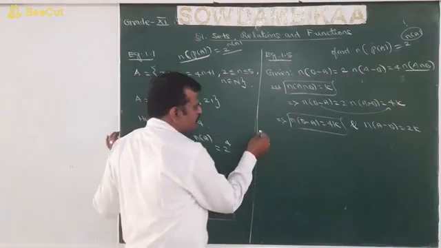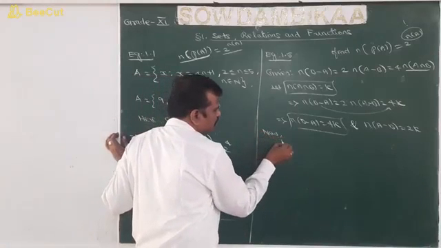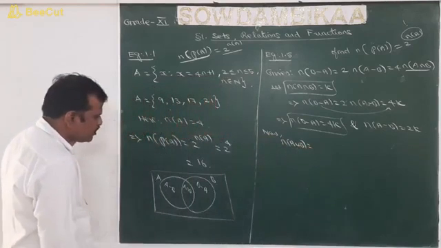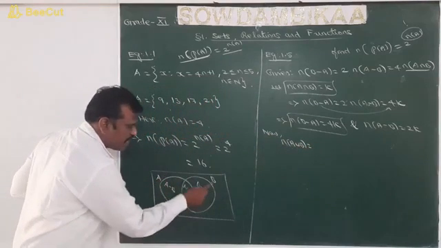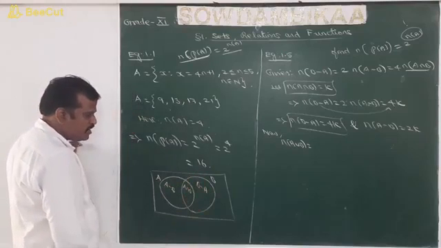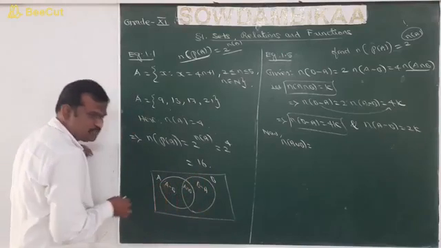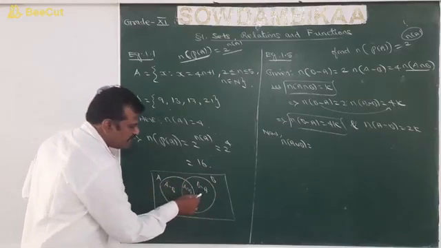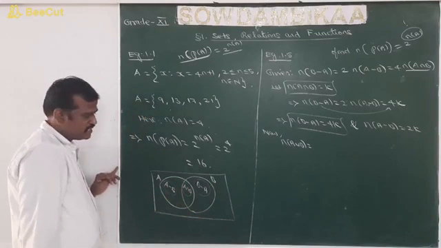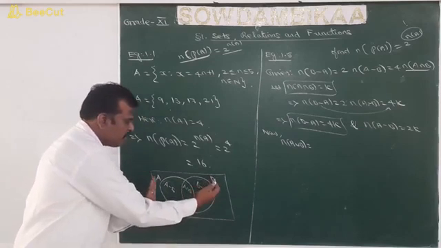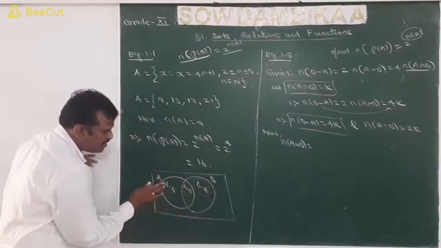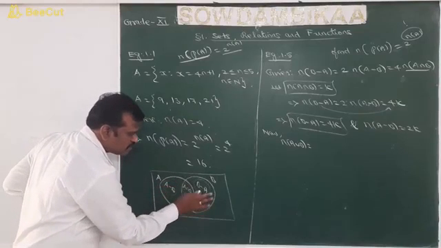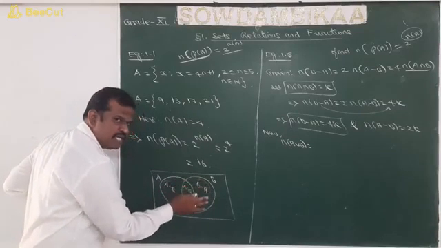So now I am going to find n of A union B. This n of A union B means we have to combine both elements of A and B. So n of A union B means n of A difference B plus n of A intersection B plus n of B difference A. Is it clear? So A union B means we are going to combine both elements. This is A difference B, this is A intersection B, and this comes for B difference A.